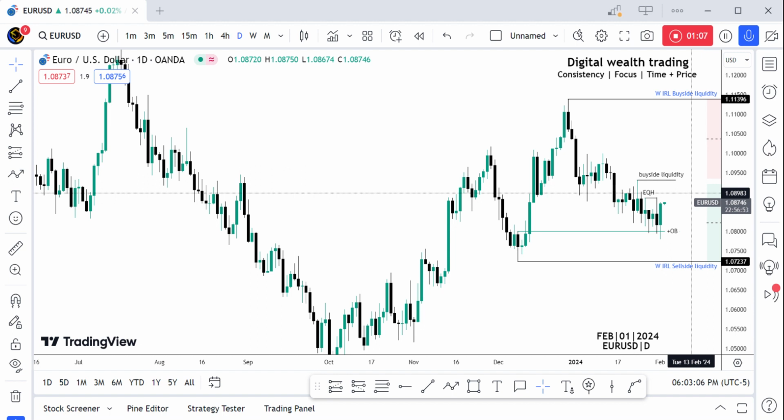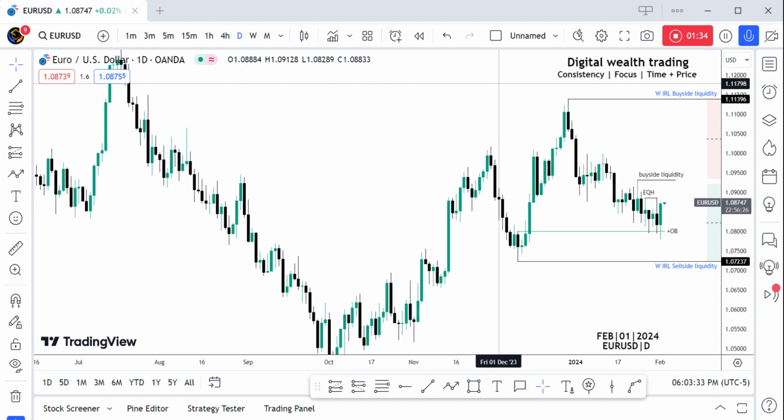I don't know if this switch in bias is going to lead us to this buy side, or if it is just going to sweep this buy side to engineer liquidity to go lower. How we close above this particular buy side will indicate if it is swept liquidity or continuation in price. But before then, let's dive into what we have today.